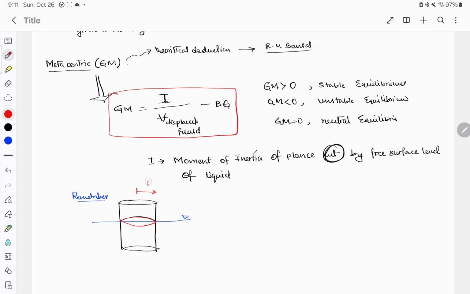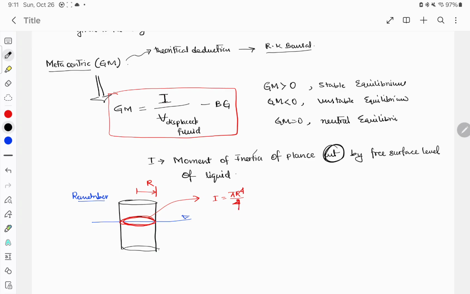If this is r, the radius, then the moment of inertia of this particular disc will be pi r to the power 4 divided by 4.